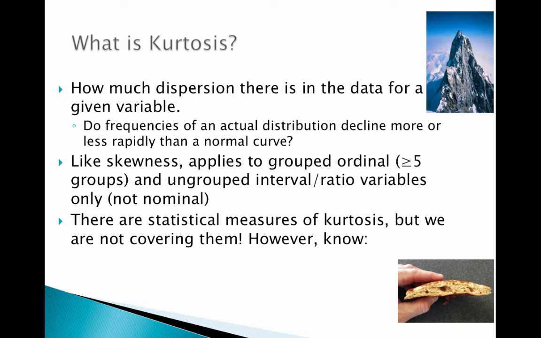Do they decline much faster and it's a very steep and narrow peak? Or do they decline not so fast and tend to be more flat, like the pita bread here? And just like skewness, we can use kurtosis for grouped ordinal variables that have 5 or more groups, where it makes sense to interpret and calculate a mean, and for ungrouped interval ratio variables.